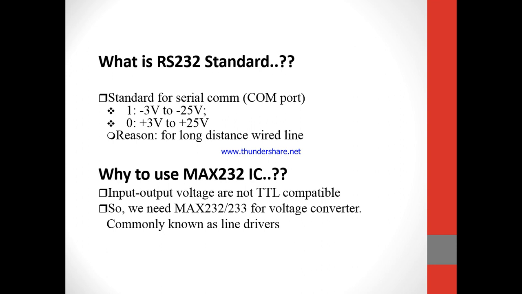Therefore we need a translator which can translate the logic 0 of the serial line to the logic 0 of the TTL, and therefore the MAX232 or MAX233 IC will be required.